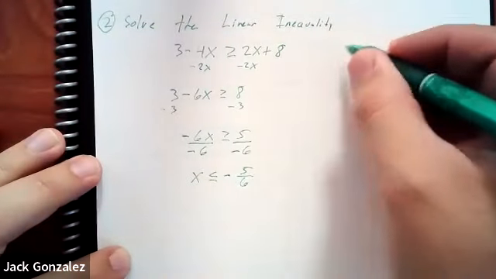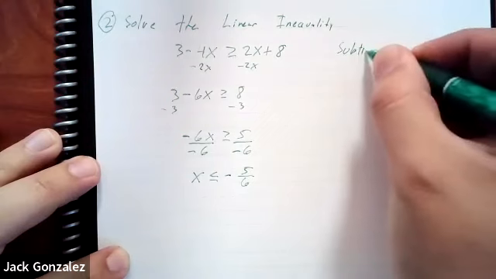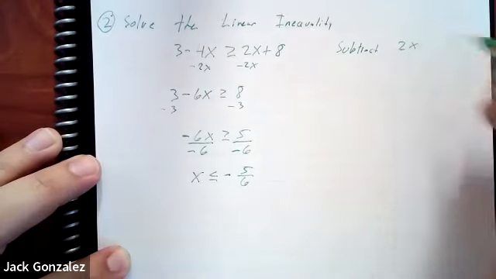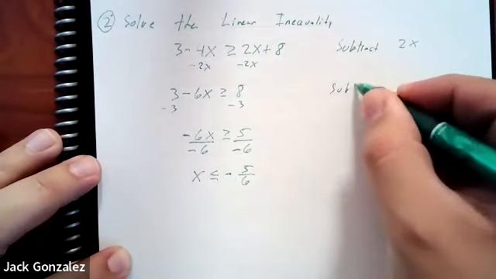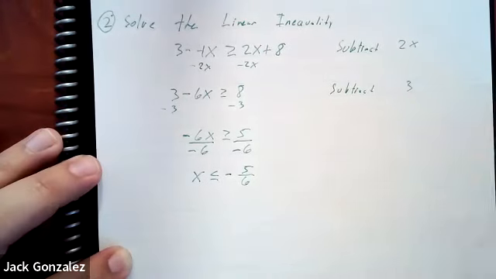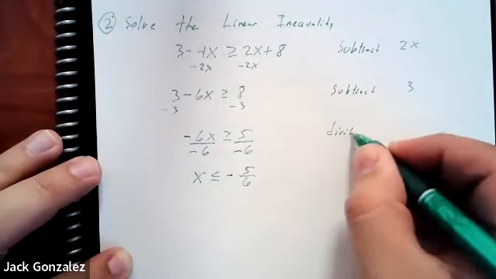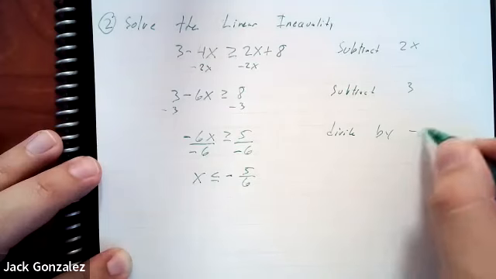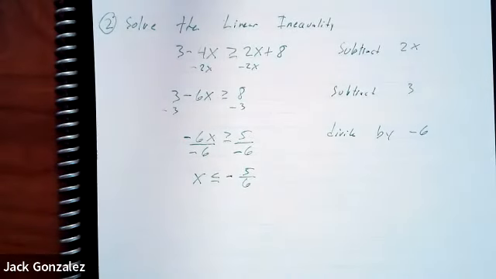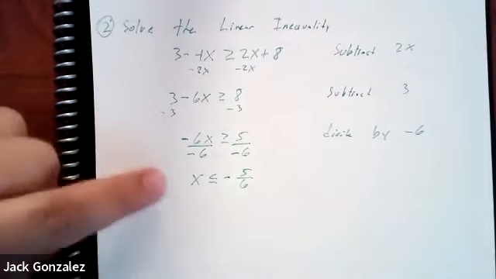First thing we did was subtract 2x, then subtract 3, divide by negative 6. Those are the operations we did. You could have done it many different ways, but you will end up here no matter what.